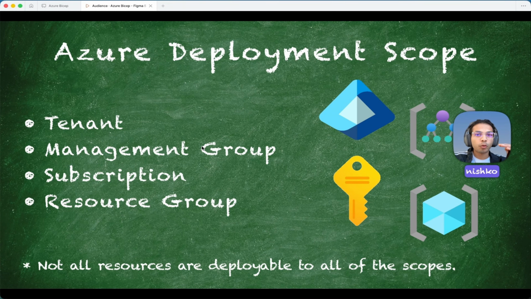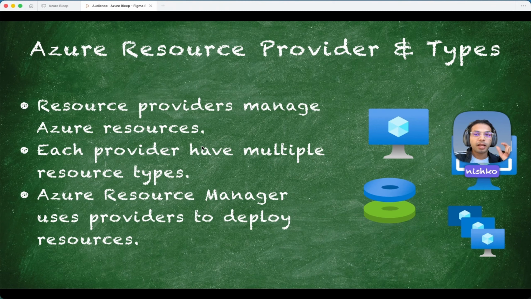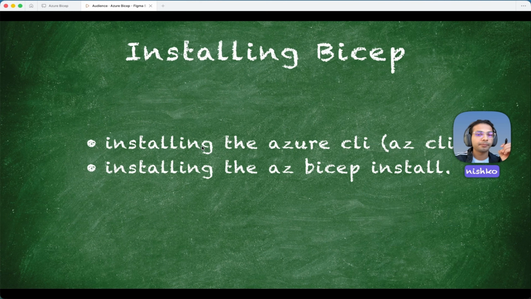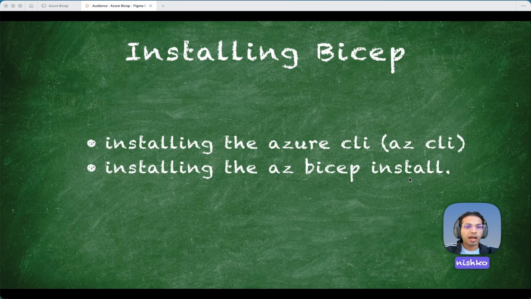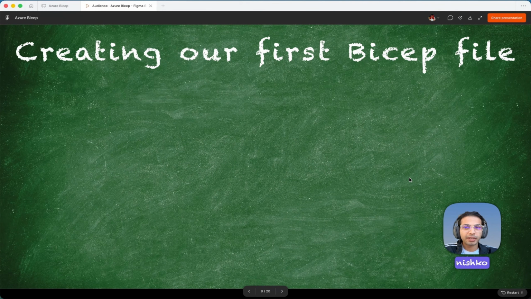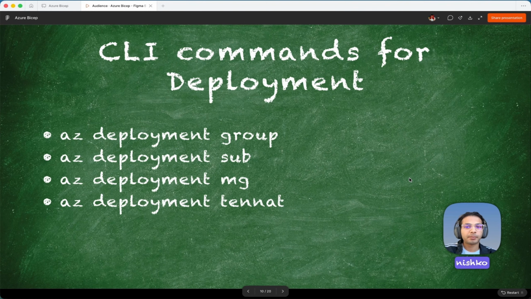Then there are different scopes of deployment that you have to define when you are writing your Bicep file, so we discussed that. And there is the concept of resource providers and types, which take care of a specific list of resources and maintain them. We then started with installing Azure Bicep after installing Azure CLI, then we created our first Bicep file and deployed it.